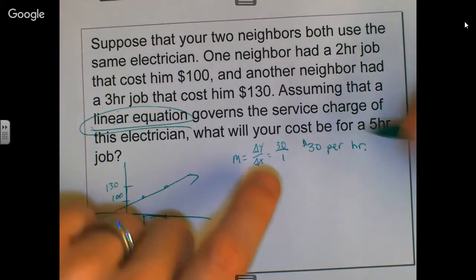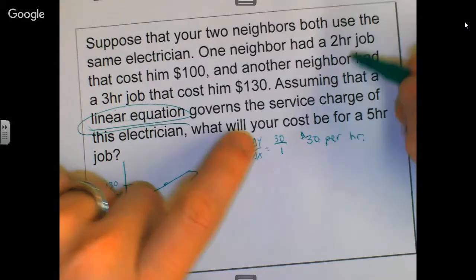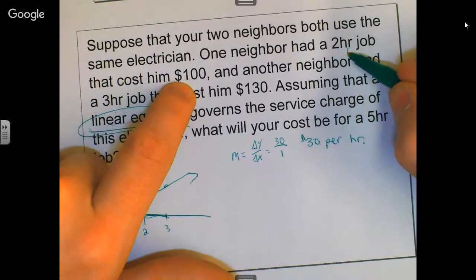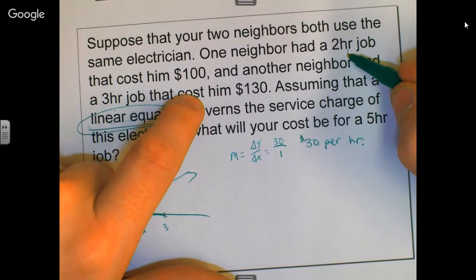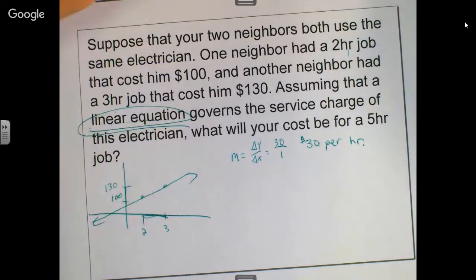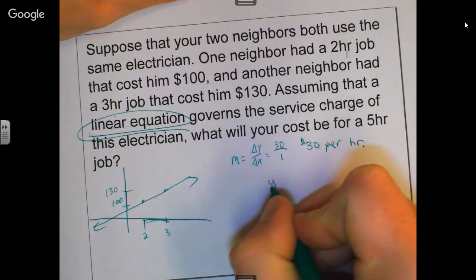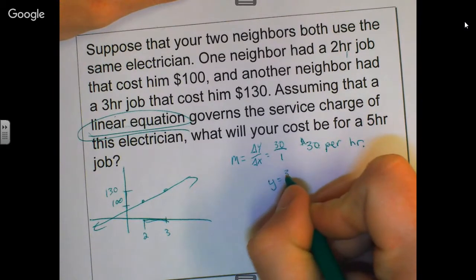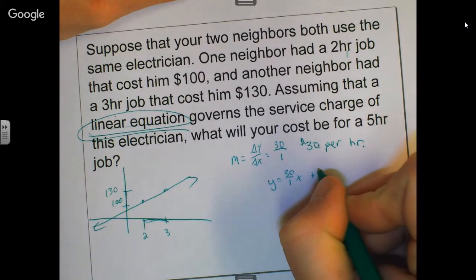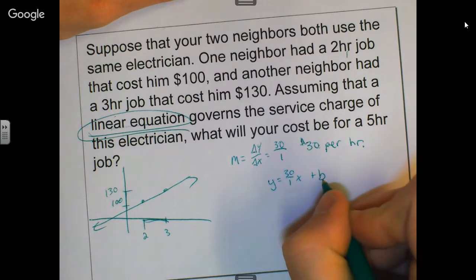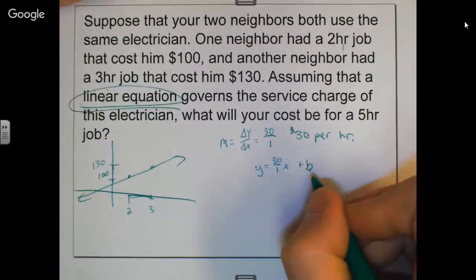But if we look here, $30 per hour for 2 hours is not $100. He's got a flat rate that he charges. So if I look for the equation, I have y equals 30 over 1 x plus b. And I need to figure out what is this flat rate that he is charging people.